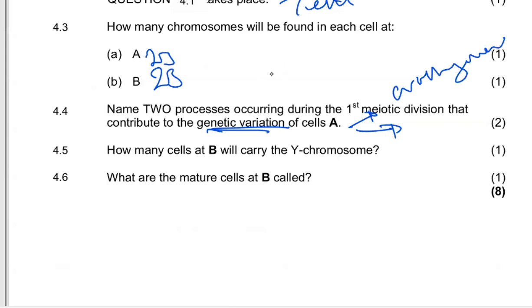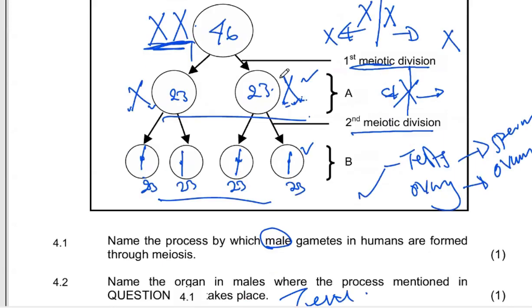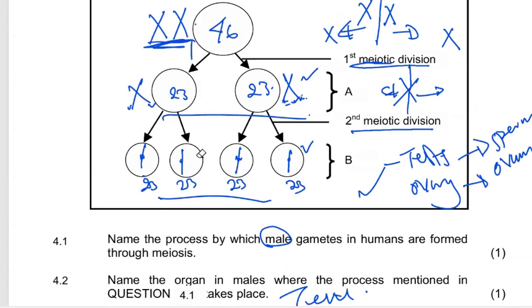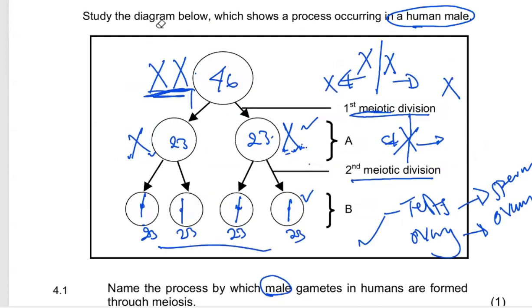How many cells at B will carry Y chromosome? Look at this. Cells at B. Let me call this X and Y, which indicates the 23rd pair.